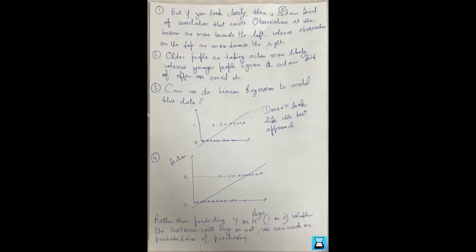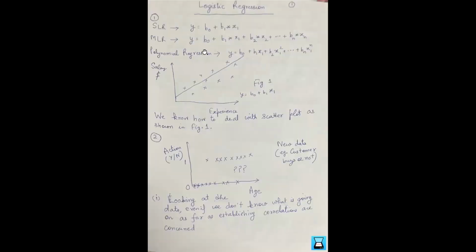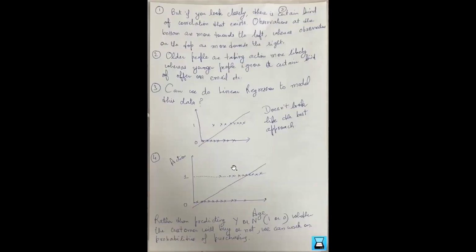So how has logistic regression evolved? We started with simple linear regression, and we then tried to look at this kind of data. Simple linear regression is not a technique which is giving us the best fit, right? So then we did some manipulation, and we said that we can predict the probabilities of different ages of buying or not buying.